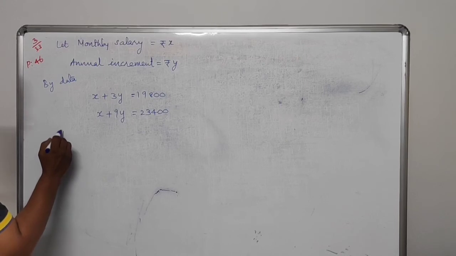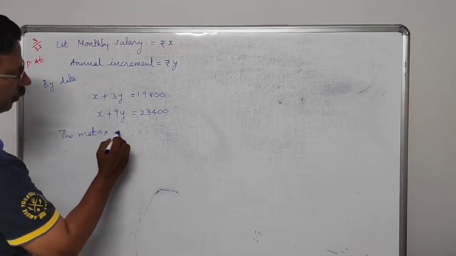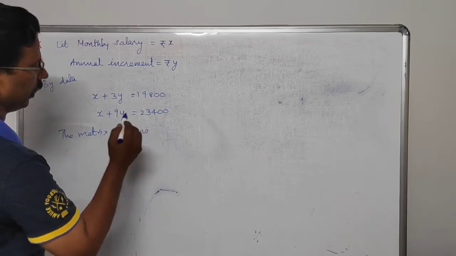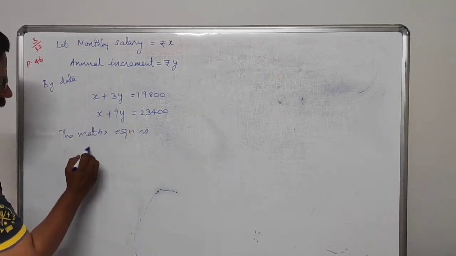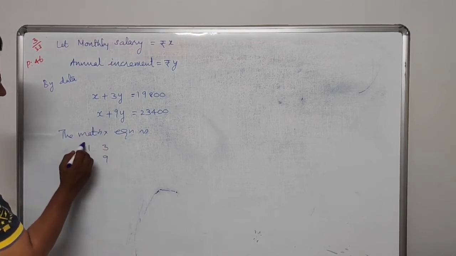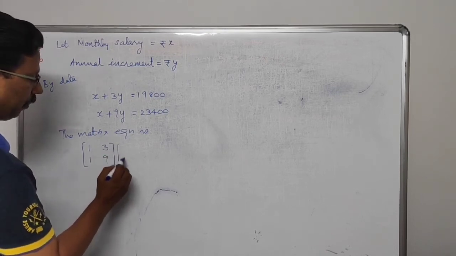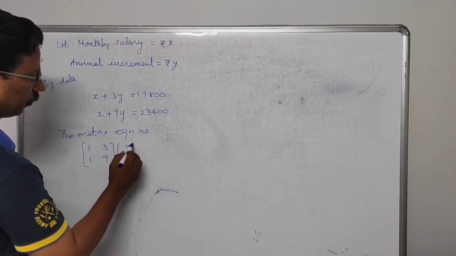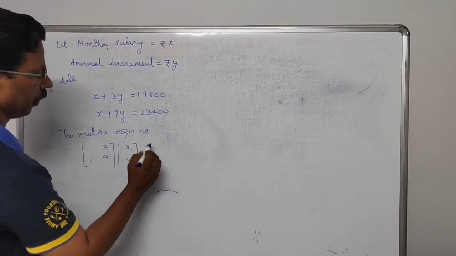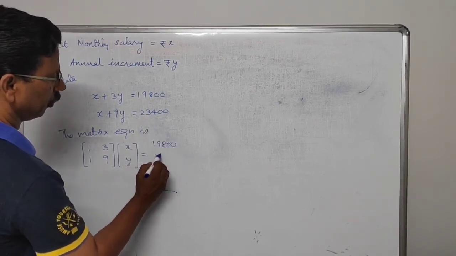The matrix equation is: the coefficient matrix 1, 3, 1, 9 multiplied by the variable matrix X, Y, which is equal to 19,800 and 23,400.